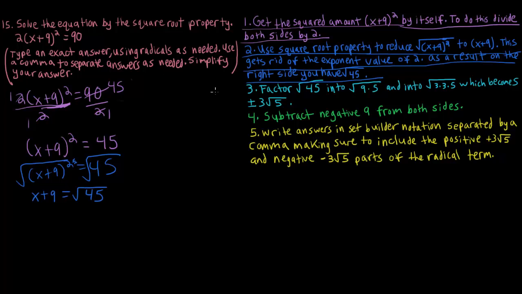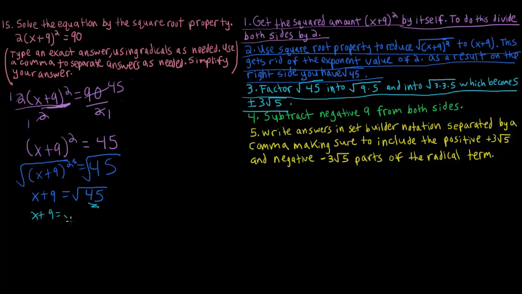Step 3, factor the square root of 45 into the square root of 9 times 5, and into the square root of 3 times 3 times 5, which becomes plus or minus 3 square root of 5. So the square root of 45 right here will simplify.